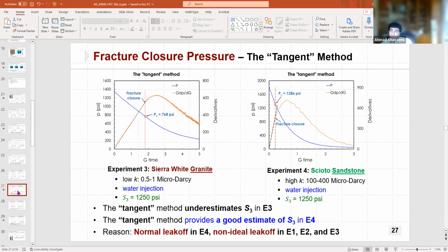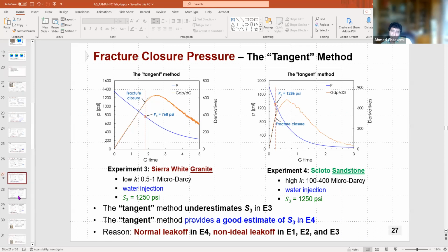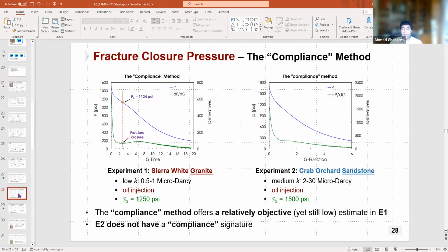That's for the Scioto. The tangent method provides a value of 1286 in this case, which is good. So there's a contrast between the predictions of the tangent method for the permeable Scioto sandstone and the low permeability rocks. For the low permeability rocks, it tends to underestimate the closure pressure. For the permeable rocks, its prediction is reasonable.